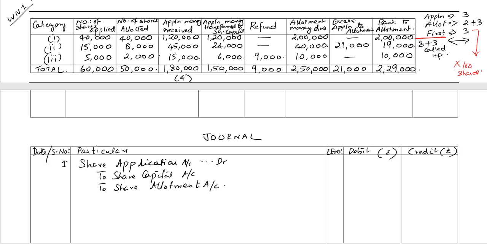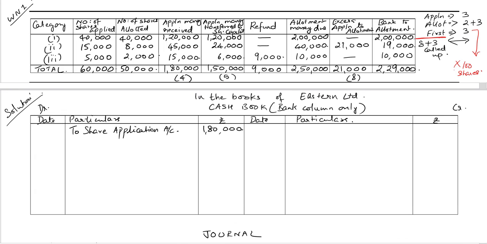Against share capital account, we will write the amount of the fifth column, 1,50,000 rupees. And again, share allotment account, we will write the total of the eighth column, the excess application which is transferred to allotment, amount 21,000 rupees. And the total, again share application account, 1,71,000 rupees.